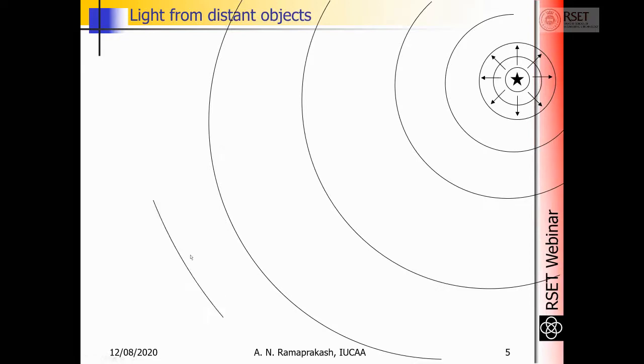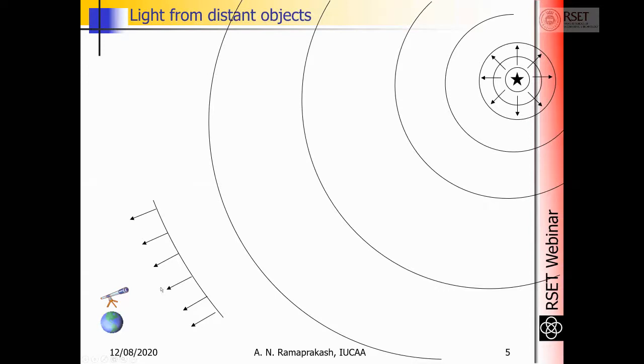So what happens is, if you are sitting here on Earth and looking at that star, all the rays which radiated away from the star in a radial direction will appear to arrive at you parallelly, because the sphere of the wavefront has expanded so much that it has almost become a plane surface. A sphere of infinite radius is a plane. So the wavefront which is arriving at your telescope, however large it is, because this distance is practically infinite, the rays appear parallel, or the wavefront appears like a plane wavefront.